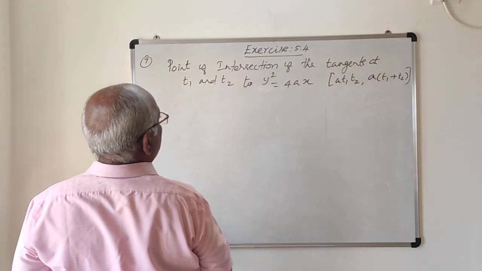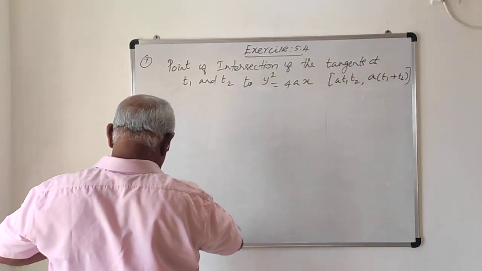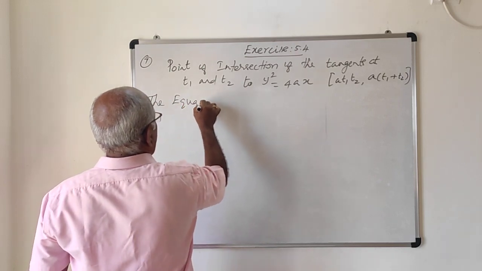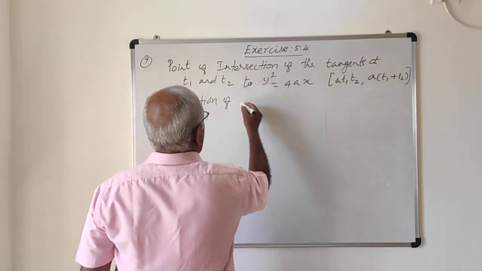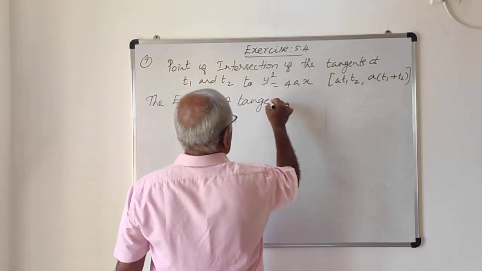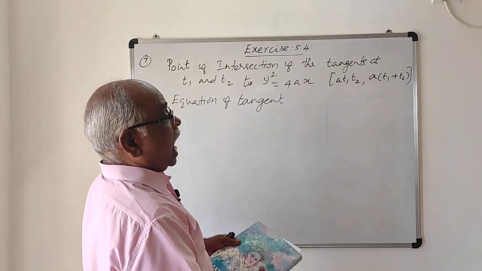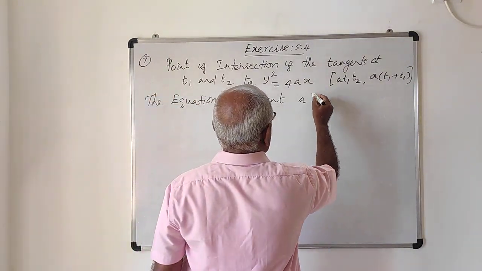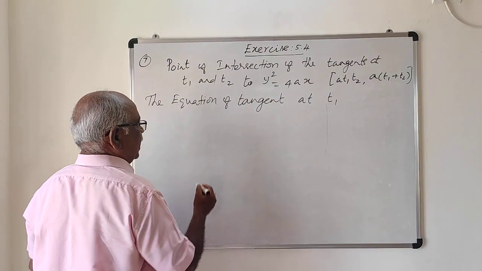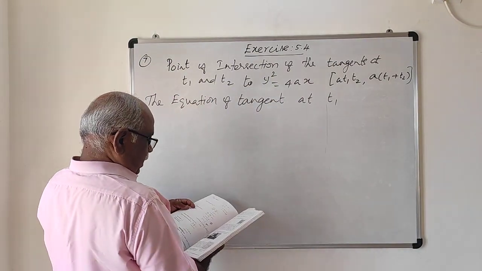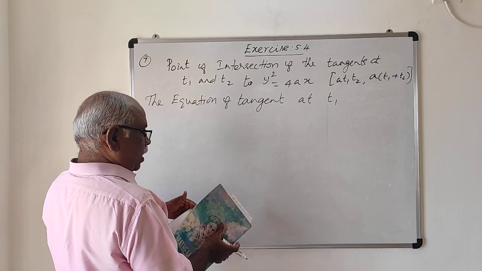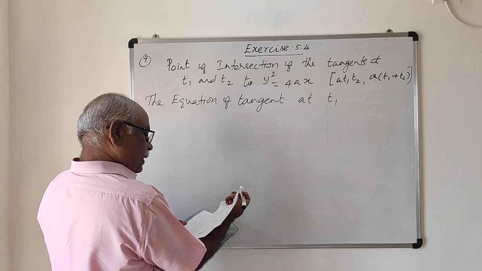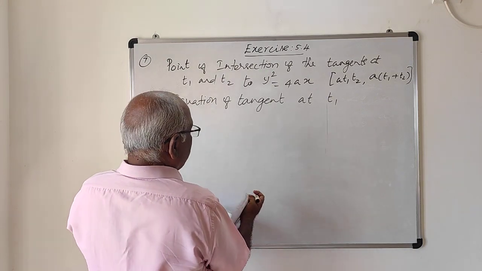See, we know the equation of tangent at t to the parabola y square equal to 4ax is yt equal to x plus at square.